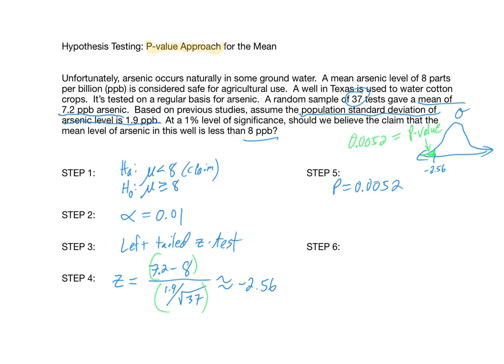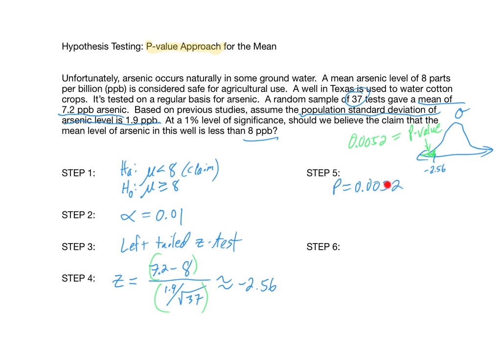Now in step 5, not only do we compute the p-value, but we also need to make a decision about the null hypothesis. The decision is based on comparing the p-value to the significance level. If the p-value is less than or equal to the significance level, this test statistic is considered too extreme and we want to reject the null hypothesis. Otherwise, you would accept the null hypothesis.